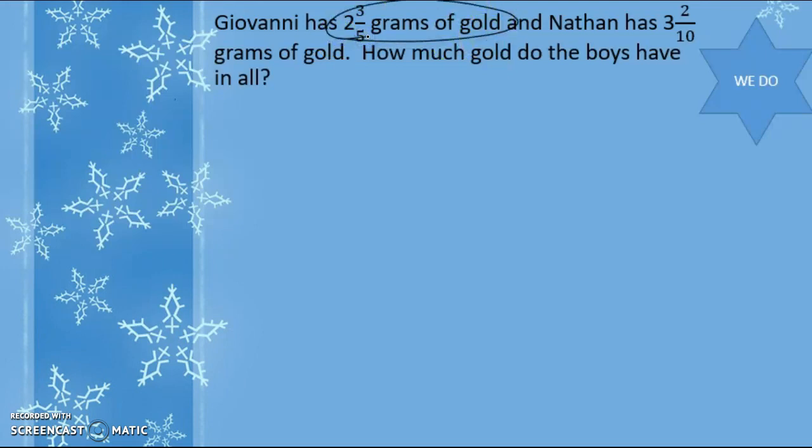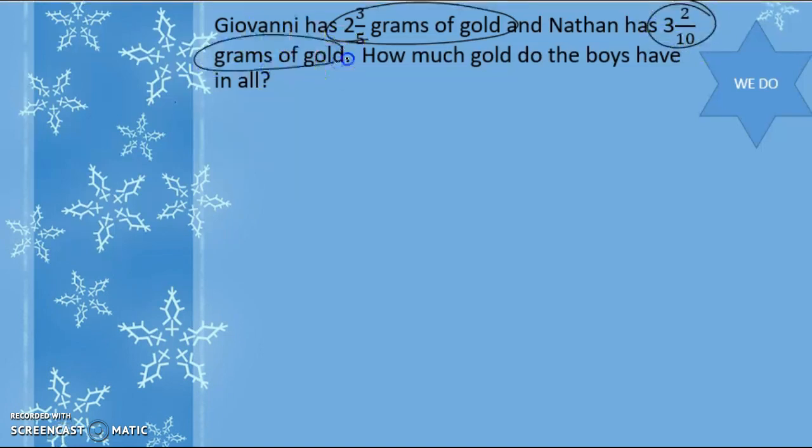Giovanni has 2 3/5 grams of gold, and Nathan has 3 2/10 grams of gold. How much gold do the boys have in all? I need to add what Giovanni has to what Nathan has, and that's going to give us a sum, or the answer.